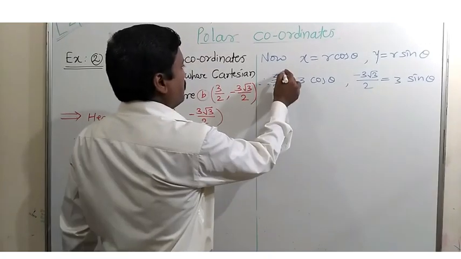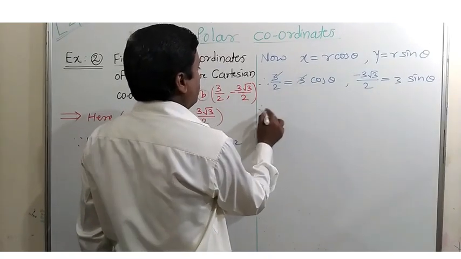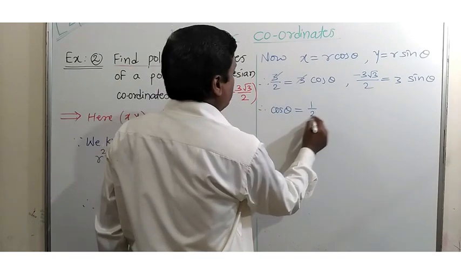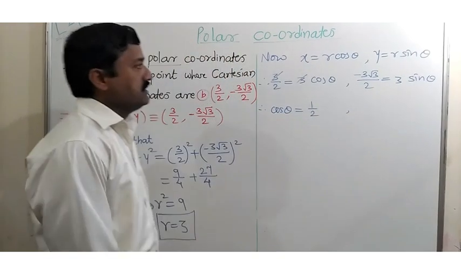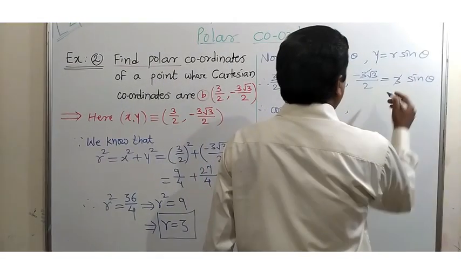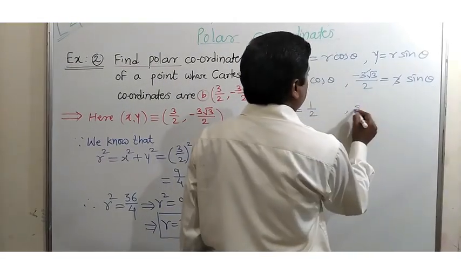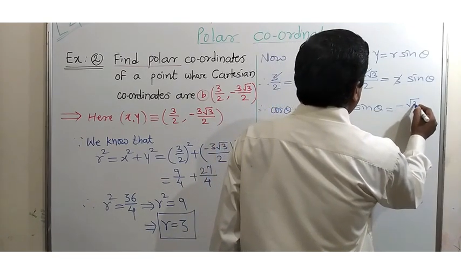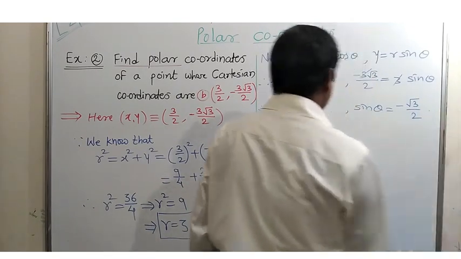Therefore from this equation, by cancelling 3, we get cos theta is equal to half. And in this equation, cancelling 3, sin theta is equal to minus root 3 upon 2.